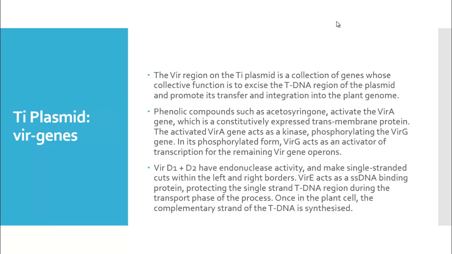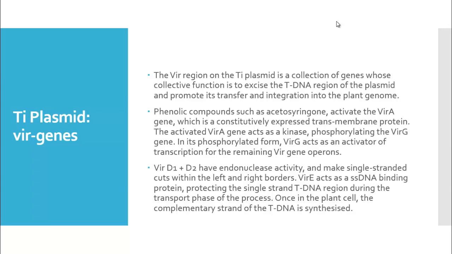So it's a cascade of events that will happen from the virulence region. Once the phenolic compounds are induced, they activate VirA, which further acts as a kinase for phosphorylating another gene called VirG. Once it is phosphorylated, VirG acts as an activator of transcription for the remaining virulence genes.